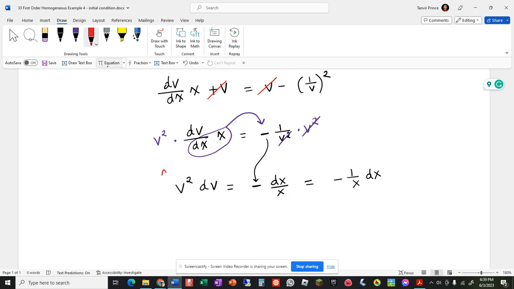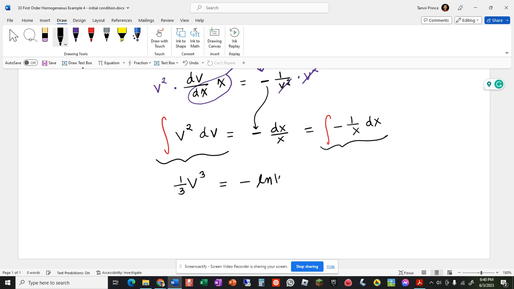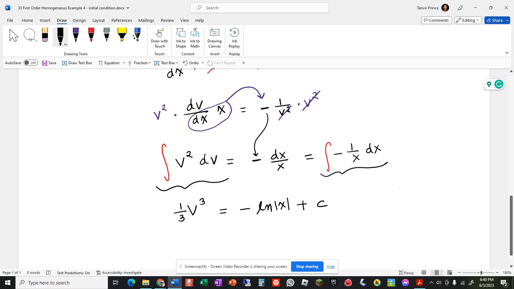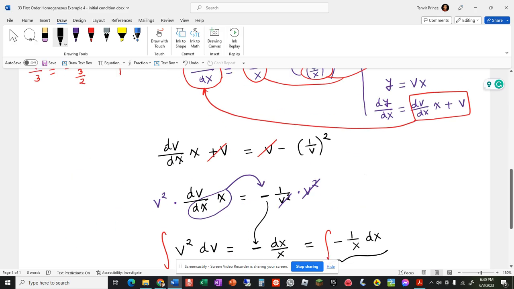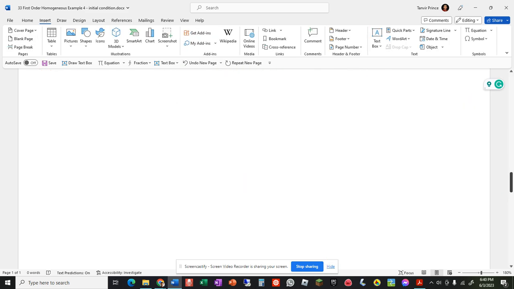So let's take the integral of both sides. Here I get v cubed over 3, or 1/3 v cubed, equal to negative the integral of 1 over x, which is ln x, plus c. We need to simplify as much as possible.